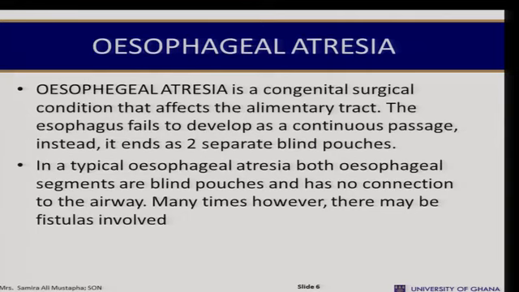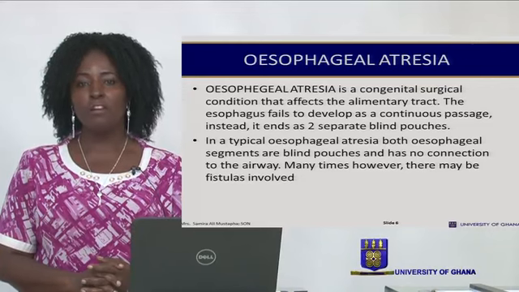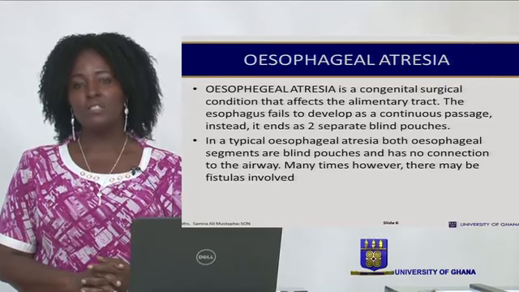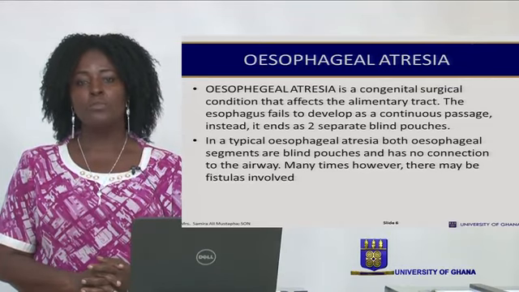So Oesophageal Atresia, by definition, is a congenital surgical condition that affects the alimentary tract. The esophagus fails to develop as a continuous passage. Instead, it ends as two separate blind pouches.